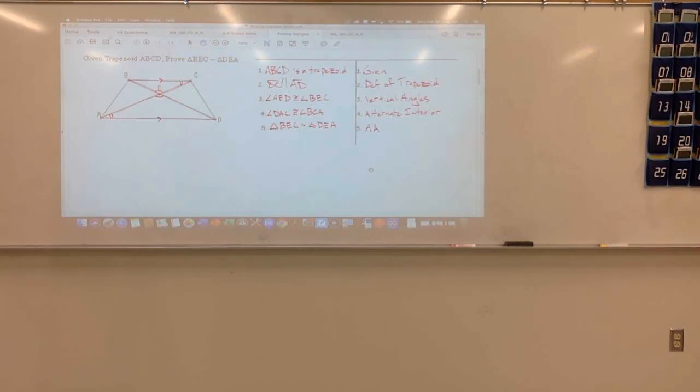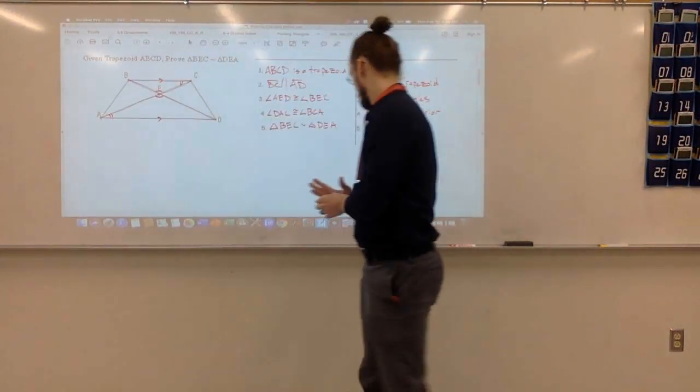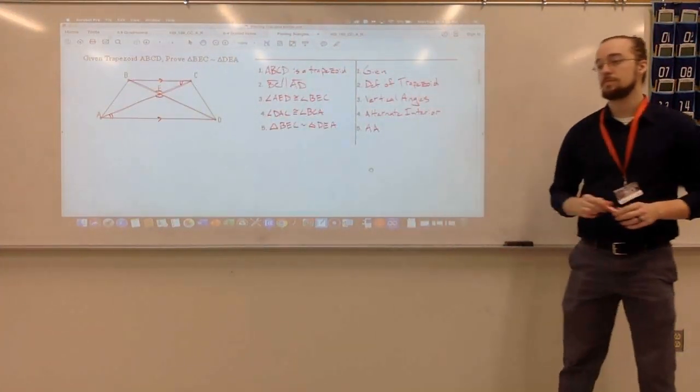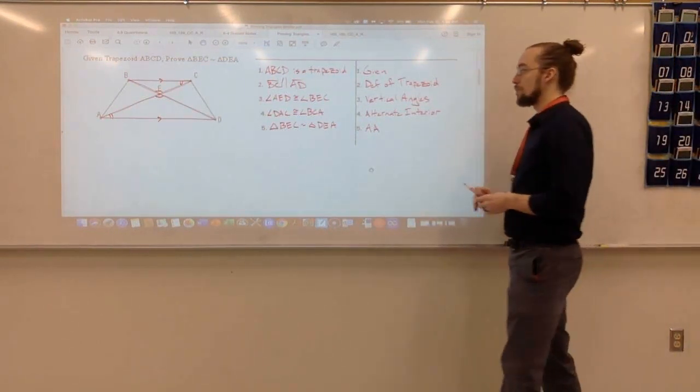I think they're the same. Not necessarily angle, because if you prove triangles congruent, you don't have to write angle. So if you write side, do you have to write side? That's a good question.